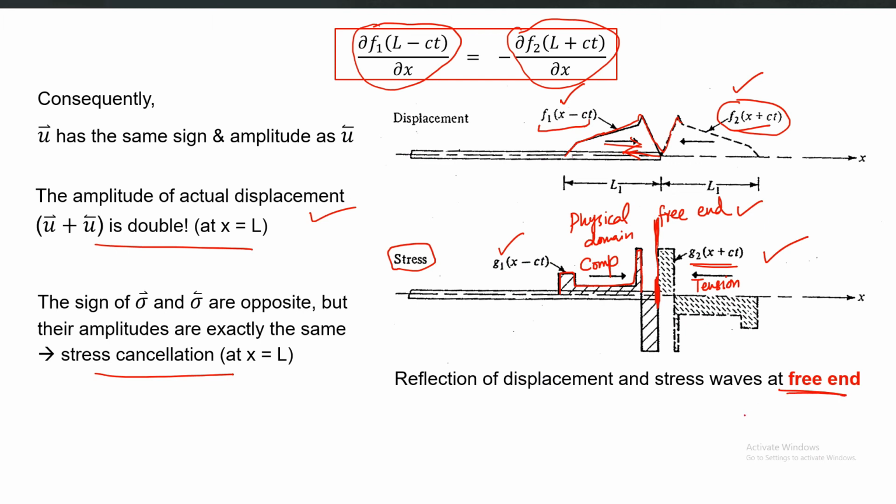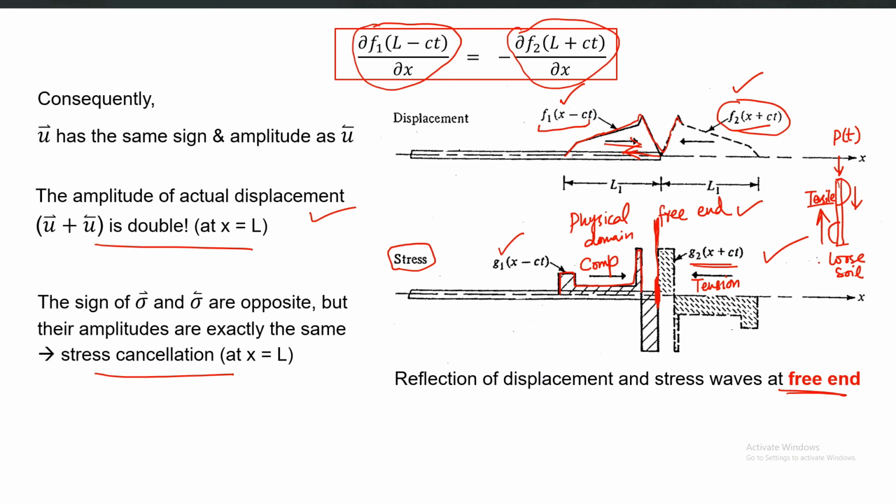So if you have a pile which is resting on loose soil, and it is applied with some P of T, which is compressive, this will be the incident stress, and the reflection stress will be tensile. If that pile is made of concrete, then concrete is weak in tension and strong in compression, so even a small tensile stress will be able to crack that concrete.